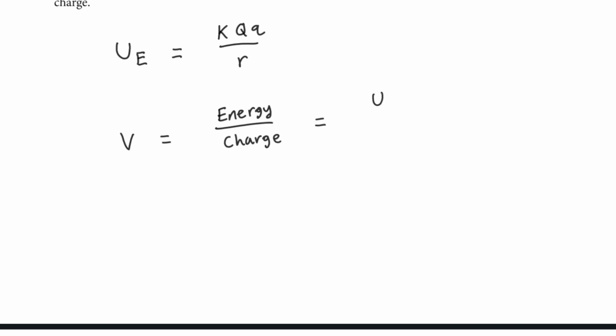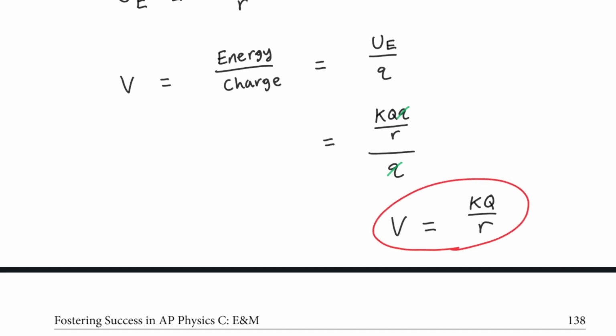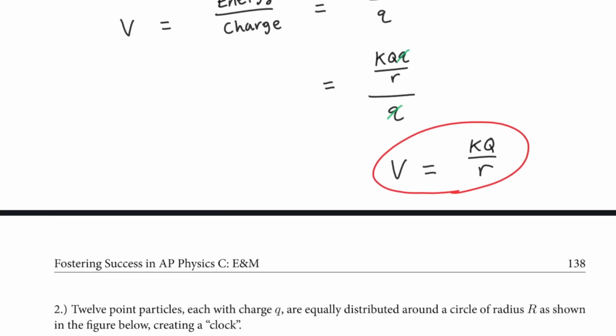So this is the same thing as just saying take our expression for U_E and divide out a test charge. We take our kQq over R and divide out one of the charges, and we get that cancellation as expected. So V is just equal to kq over R for a single point charge. And this is a scalar, so this makes all of our math quite simple.